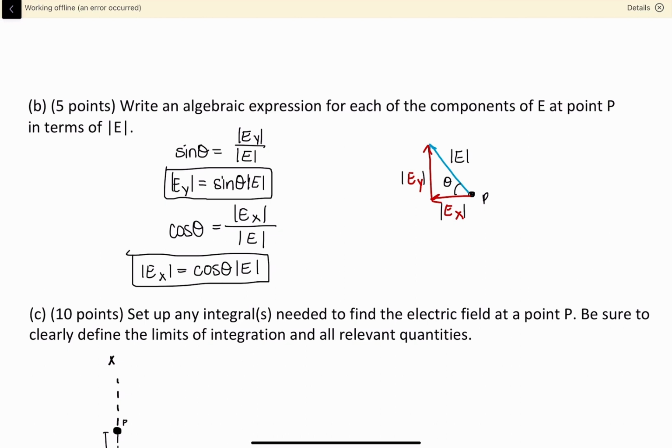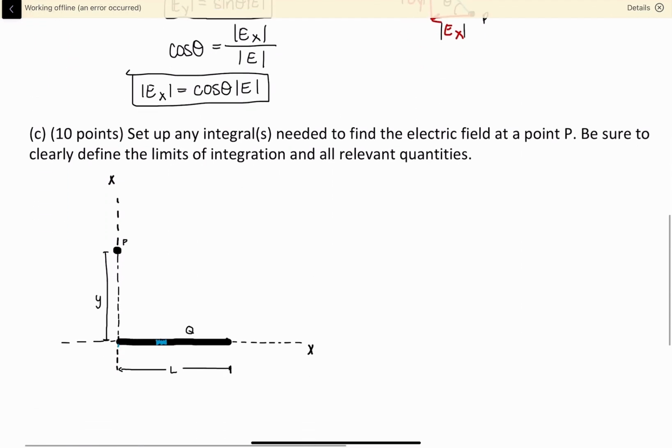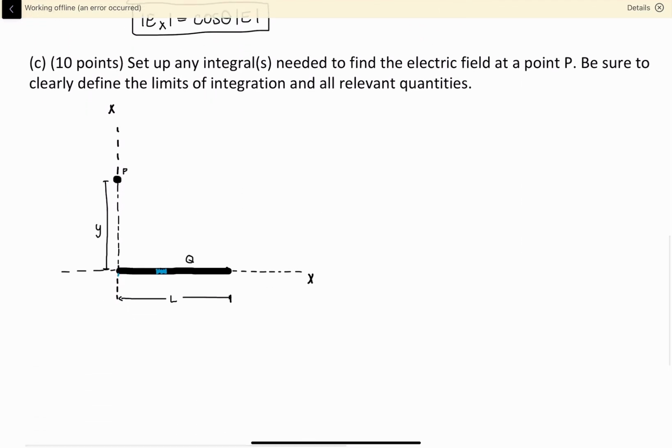And then for our next question, it asks us to set up the integral we need to find the electric field at this point. So again, we have our infinitesimally small dx, which is going to be a distance x away from the point, which is important because the x is what's changing.